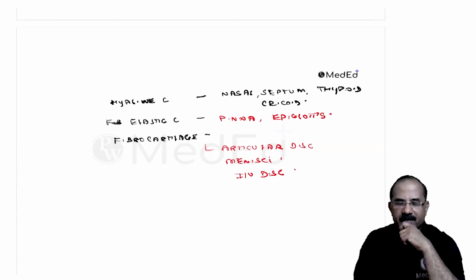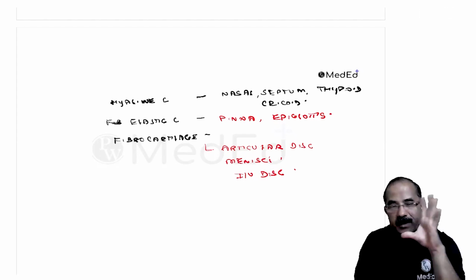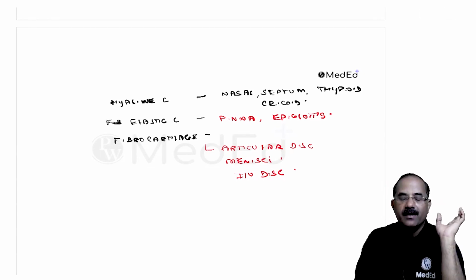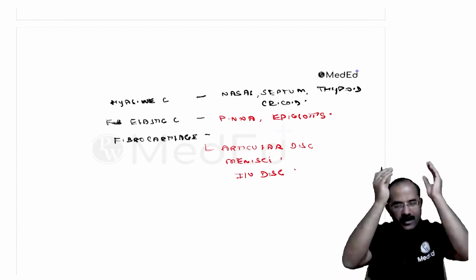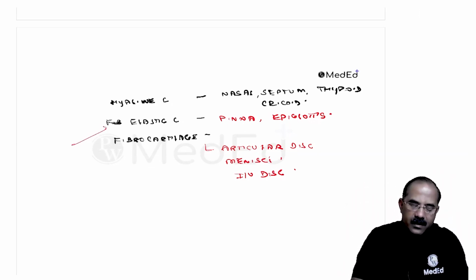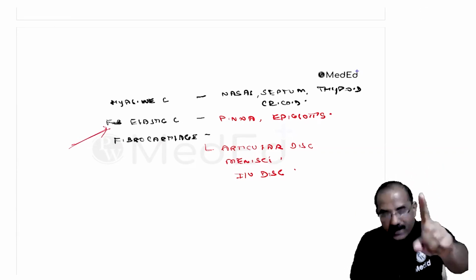All of this is MCQs, remember. In this, the largest size of chondrocytes are found in elastic cartilage. Remember this.